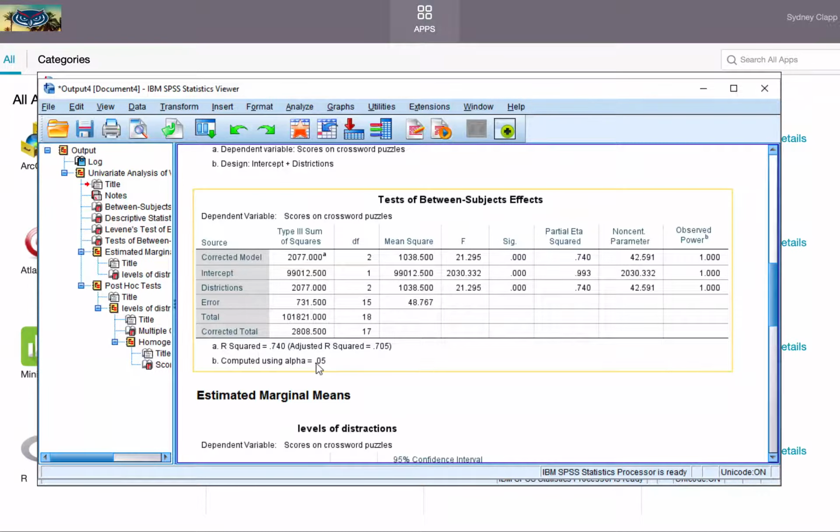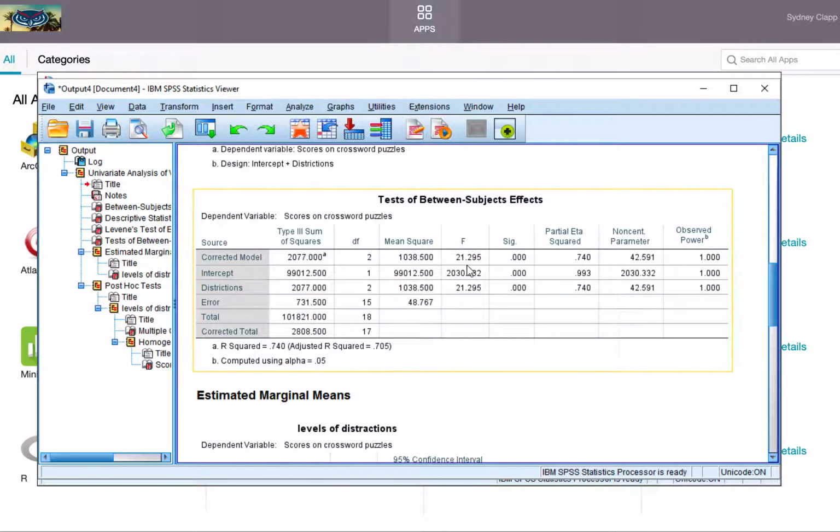And so when answering the questions regarding the omnibus, we're looking at the F value. And so we can say that the F value here is 21.295, which signifies that there's roughly 21 times the variation between the groups amongst those means.